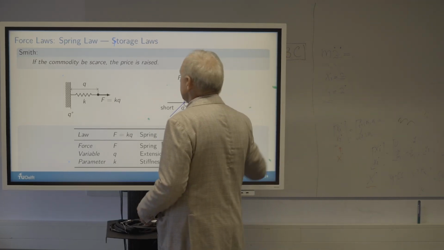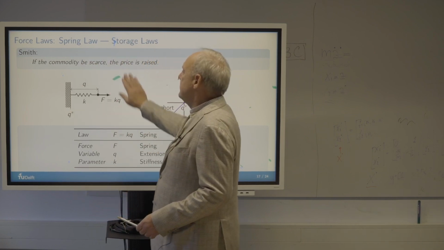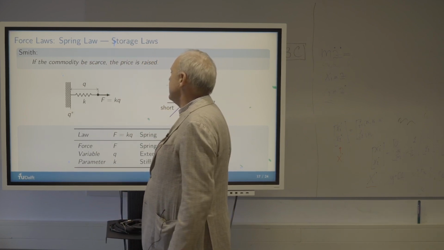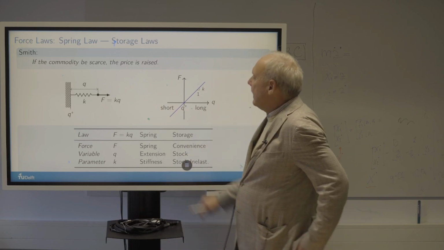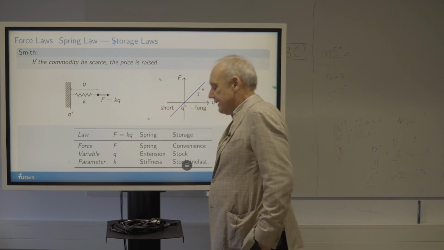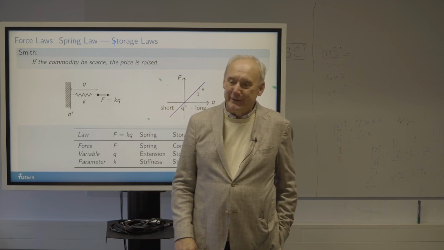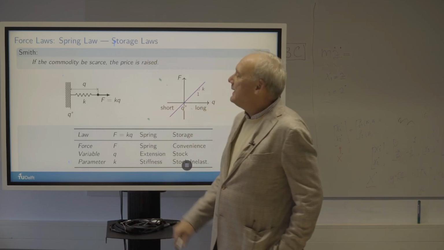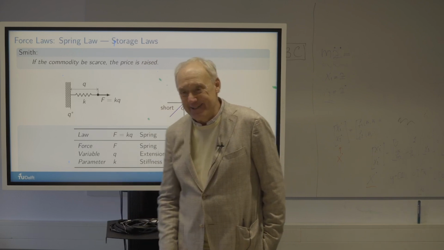All right, I'll start this one also with a quote from Adam Smith. If the commodity be scarce, the price is raised. It's terrible. I have this new AI-based grammar checker, Grammarly or whatever it is, and it hates every quote written by somebody historic.